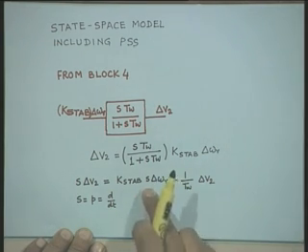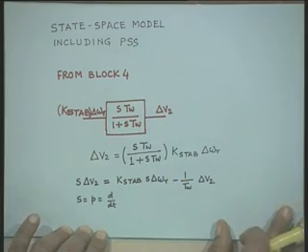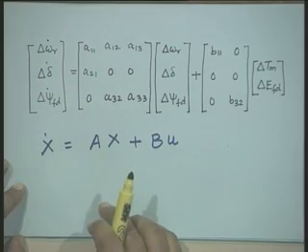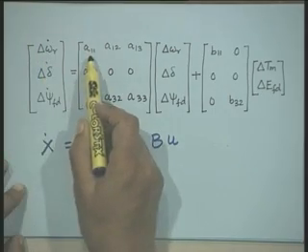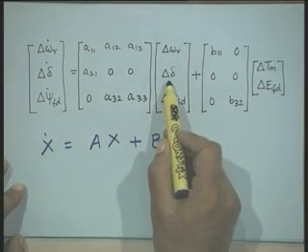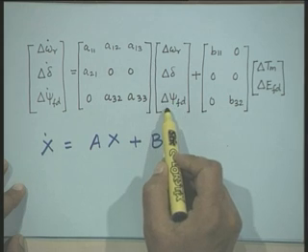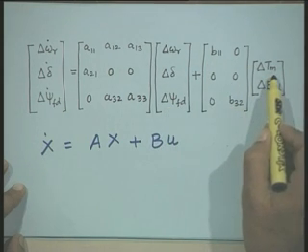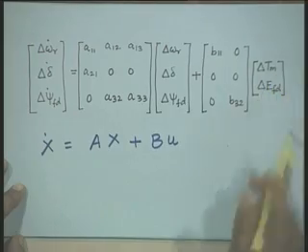Therefore, what we do is that this delta omega r dot is replaced by this equation. We have the equation here, delta omega r dot is equal to a11 delta omega r plus a12 delta delta plus a13 delta psi fd plus b11 delta Tm. We have it, right.